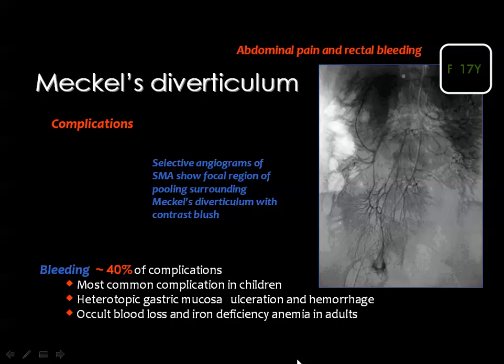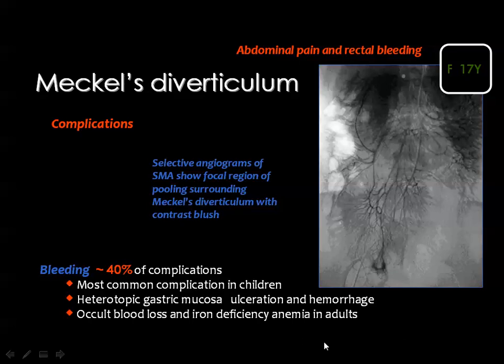But there are a lot of ways to identify the site of the diverticulum whenever it is clinically suspected, and one of these techniques is to do a selective angiogram of the superior mesenteric artery. Then there will be some blush within the site of the diverticulum because of the vascular ectopic mucosa within the diverticulum itself.